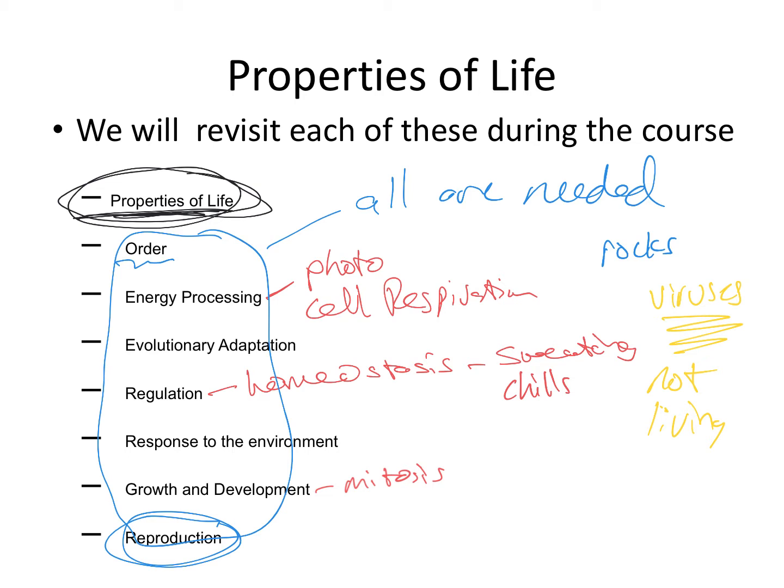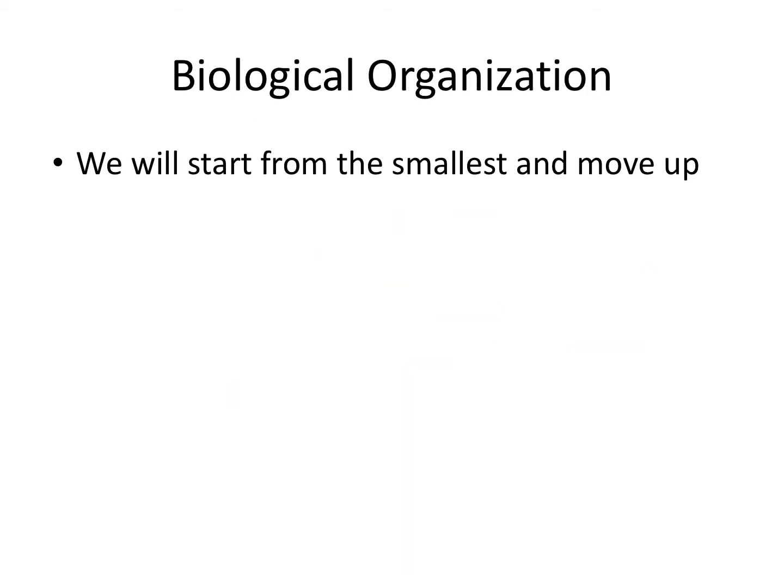But viruses are not considered living because they can't do some of these processes on their own. When a virus infects you, it hijacks your cells, takes over our cell machinery and uses that to reproduce new viruses. So viruses can do some of these processes, but they can't do all of them on their own, without a host cell.